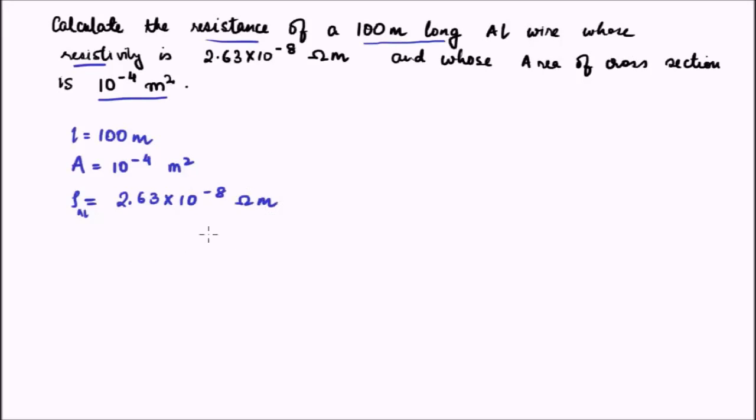Fine. Now we need to find the resistance. Resistance, as we have discussed, is rho of the material multiplied by length of the wire divided by area of cross section. So it's basically plugging the values into this relation.